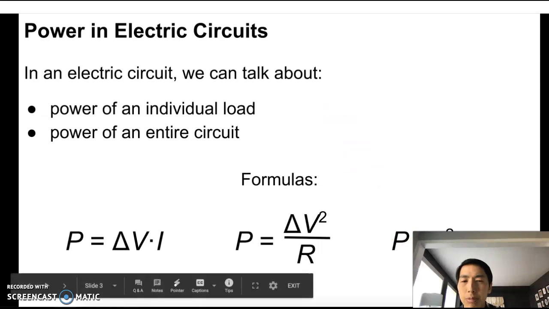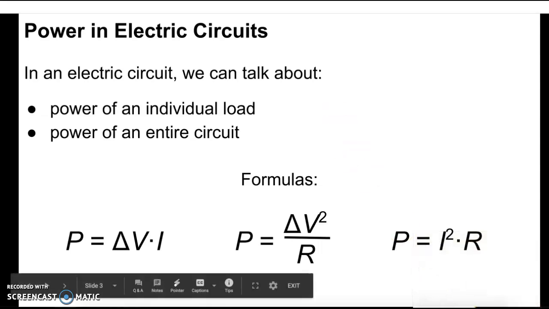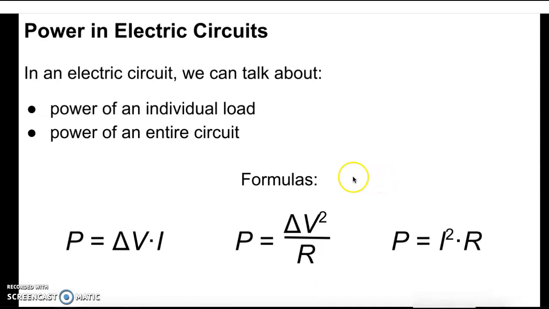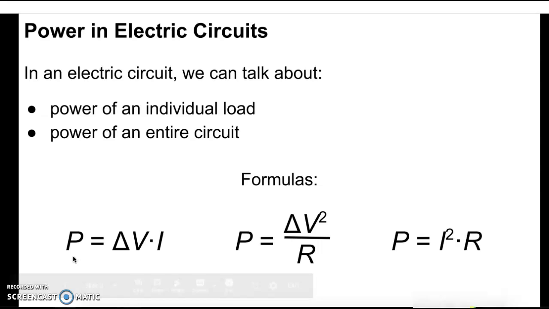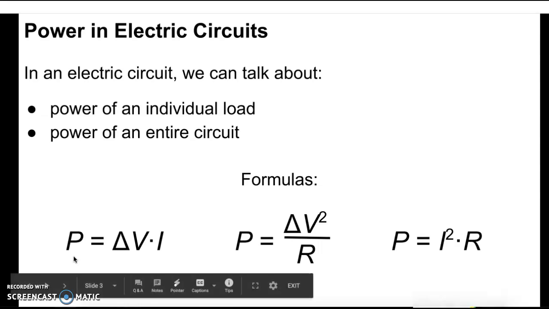So in terms of the formulas, instead of using the previous formula on the previous slide, it turns out, and I'm not going to show you the derivation, I'm just going to list out the formulas here. It turns out that the power of an electric device can be calculated in terms of its voltage, current, and resistance. So there's 3 formulas depending on what variables you're given.